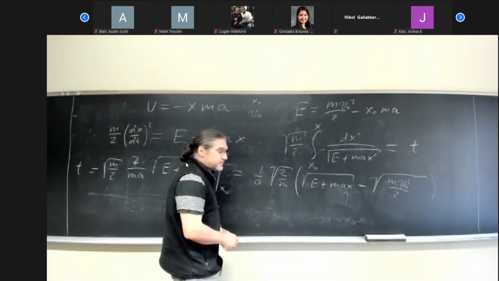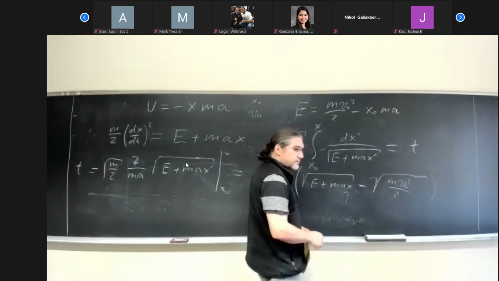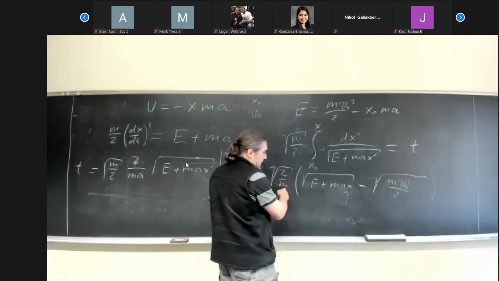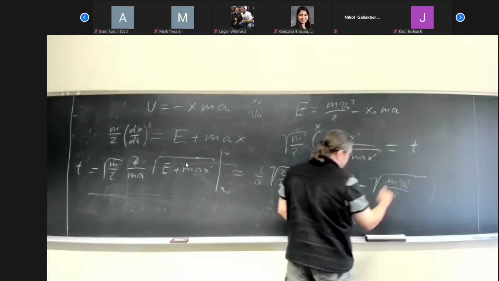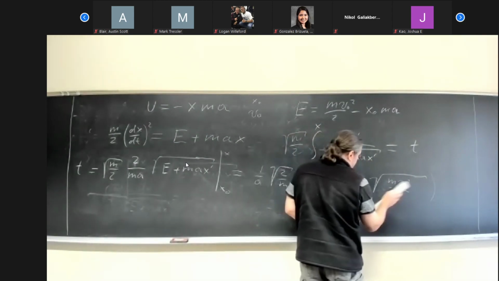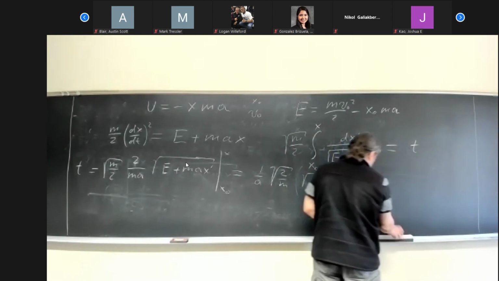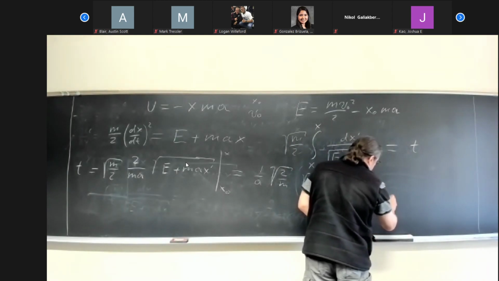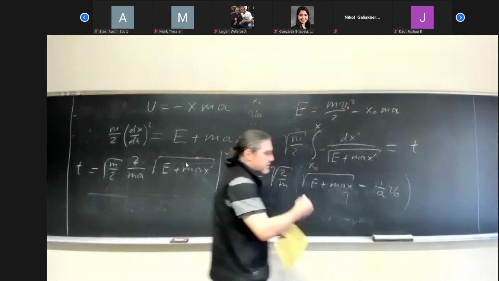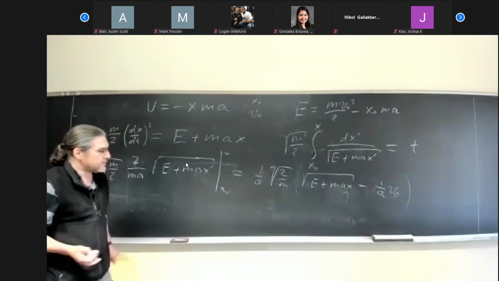That makes sense? Yeah. All right. Now you see that here's 2 over m, here's m over 2. They cancel each other. So what I have now, when I open the brackets, is 1 over a times v naught. Because it was v naught squared, I take the square root, it's v naught.